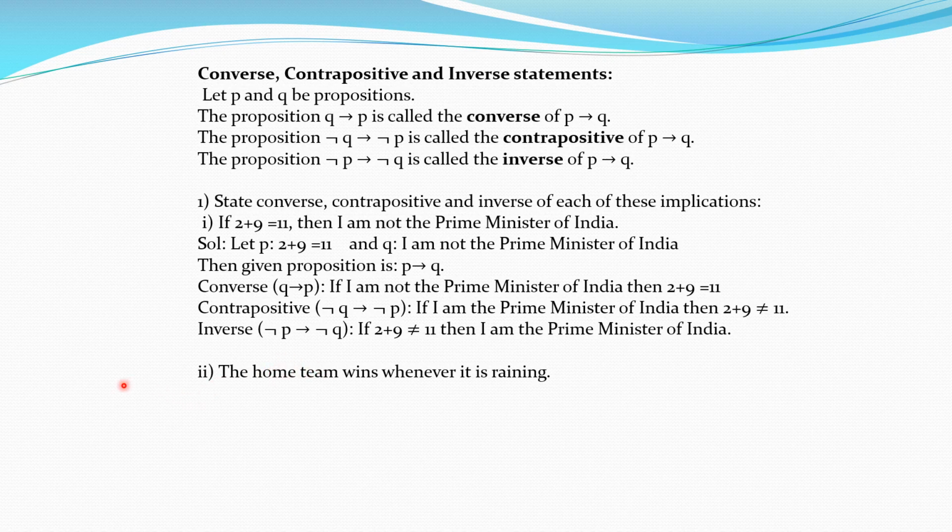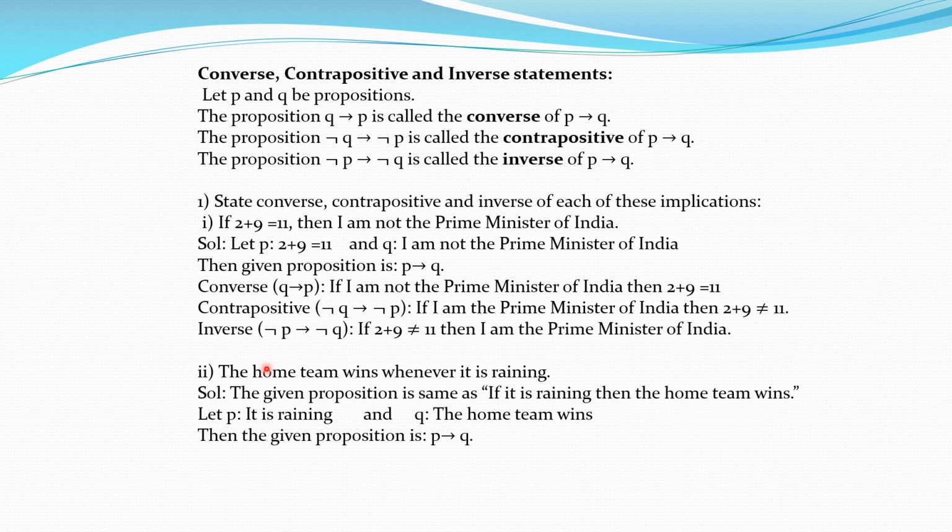So it is nothing but the home team wins if it is raining. So it is raining is actually P and the home team wins is our Q part. So if we write it in the form if it is raining then the home team wins, then it is a simple statement similar to our definition for converse, contrapositive and inverse.